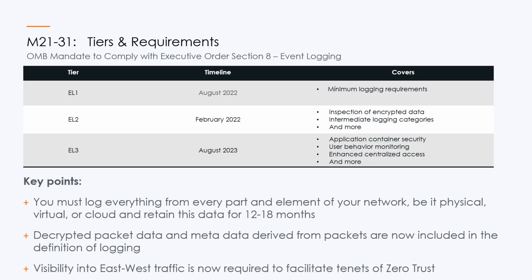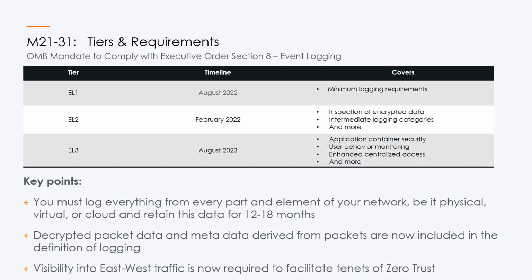EL2 adds the challenge of decrypting packets, which Gigamon can help with, and adds some data sharing capabilities so other organizations can help you with your security investigations. And EL3 really rounds that out by adding user behavior monitoring, finishes up the enhanced centralized access of this data, and adds future-leaning cloud technologies such as containerized services as part of the mix.